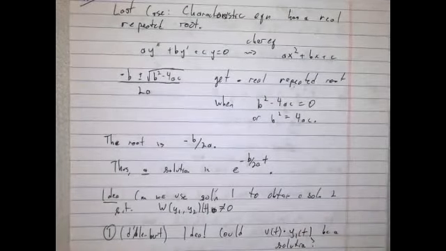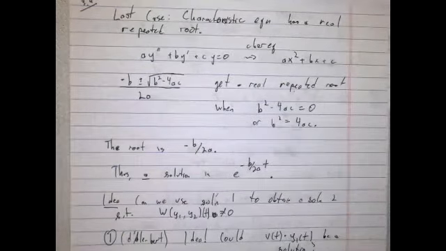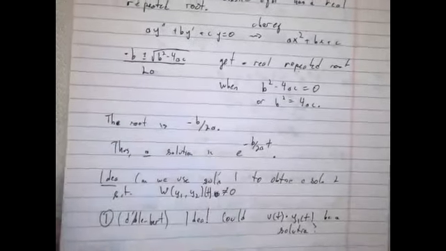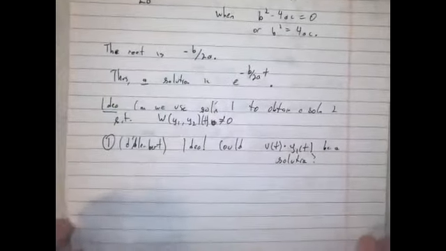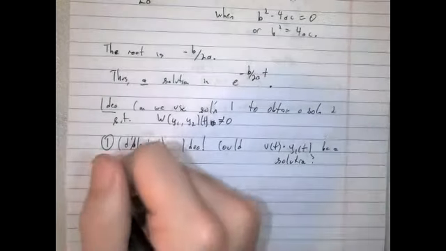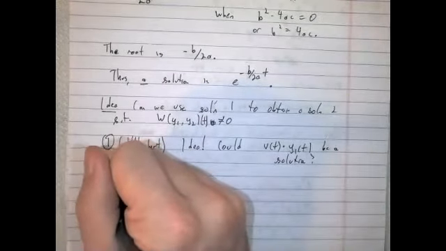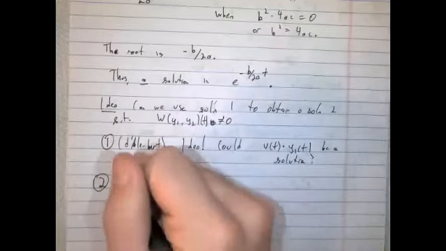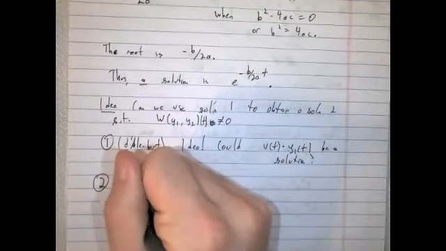Where here v of t is just some arbitrary function that you try to solve for. This is just a super naive way to try to find the second solution. There's actually a much more clever way to find the second solution in this case.